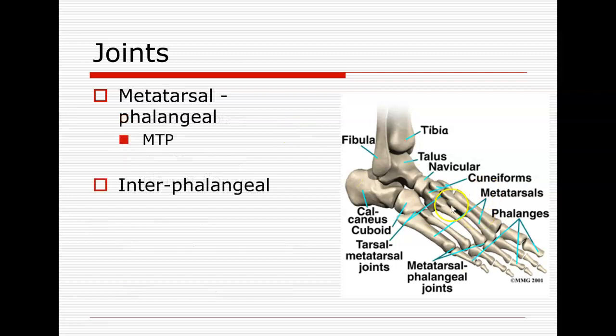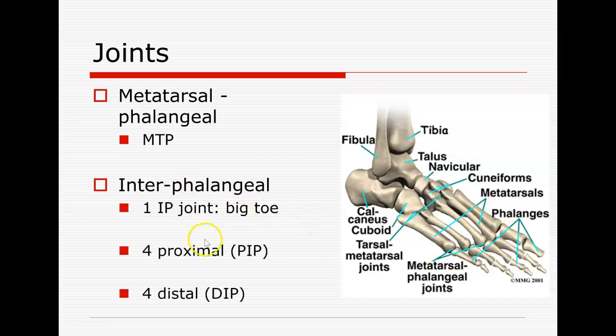I'm not going to do too much on the joints in the midfoot here. We're going to get all the way down to between the metatarsals and the phalanges. That's when you get this metatarsal phalangeal joint right there, and there's 5 of those. And then you have these interphalangeal joints, where we have the proximal and distals. The farthest one out here, this distal joint between 2 phalanges, is the distal interphalangeal joint.